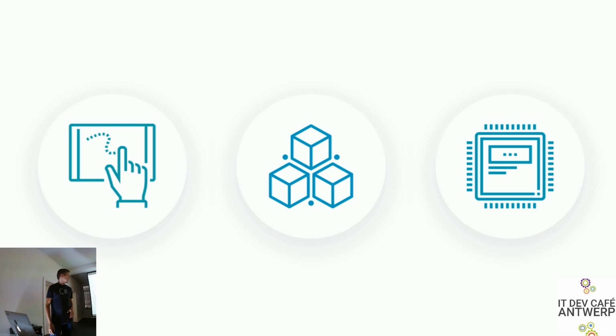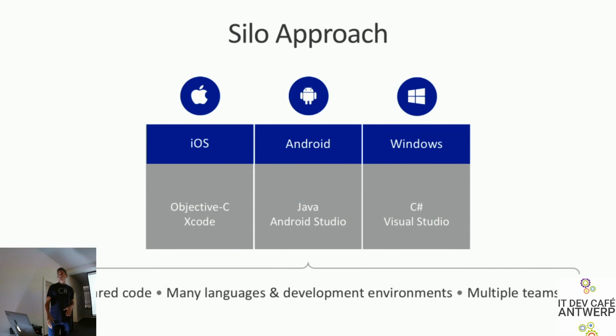Now, if you build an application, there's three possibilities or three choices that you have to make. The first approach is what's called the siloed approach, and basically you use the tools from the platform vendor. So if you build for iOS, you use Xcode and you use Objective-C or Swift. On Android, you use Android Studio and Java, and on Windows, you can use Visual Studio with C#.